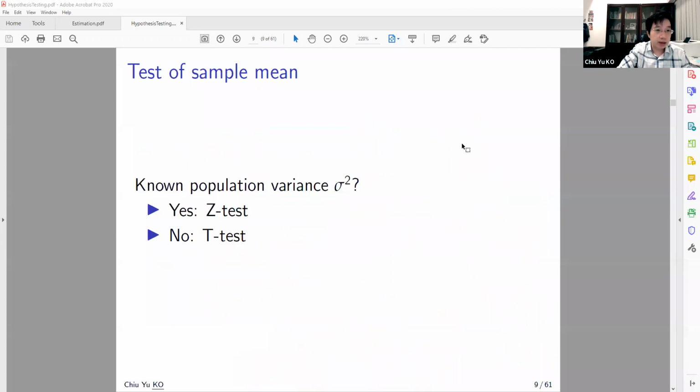It's probably still a bit not easy to understand, but the key here is we are talking about the sample mean, and there are two ways to do it. If we know the population variance, this is standard normal.